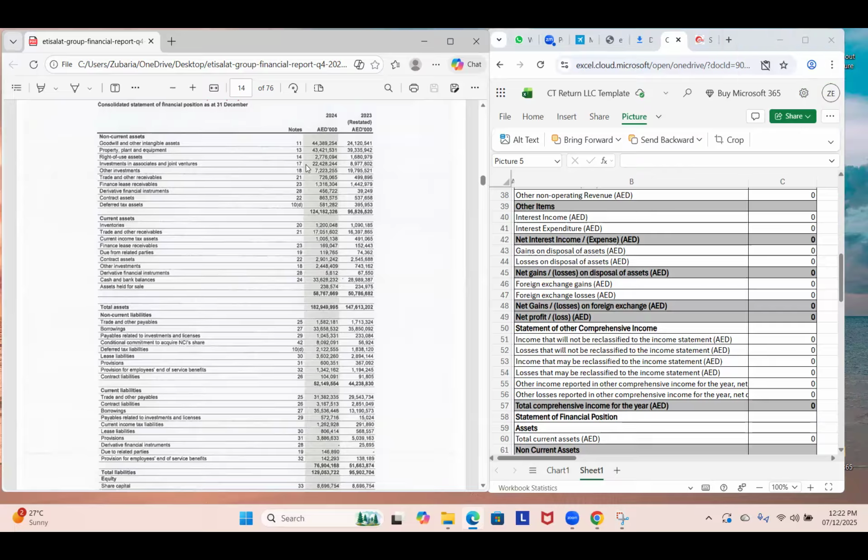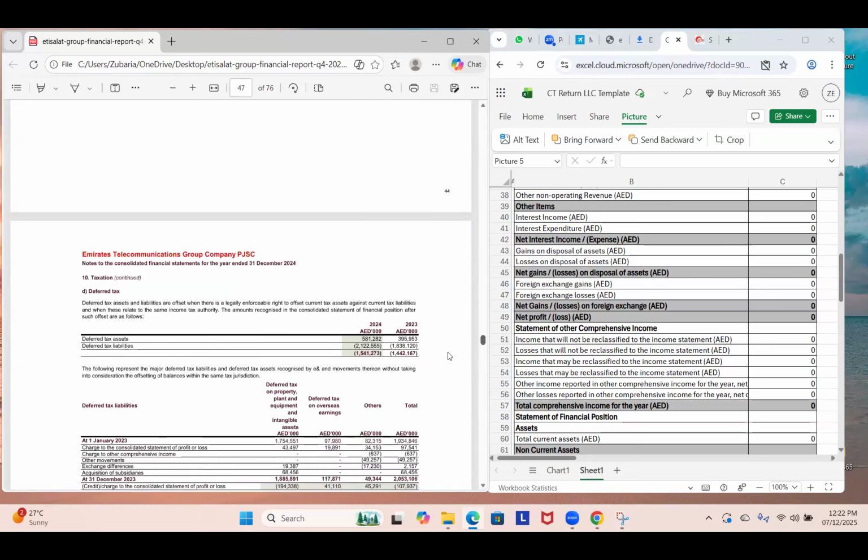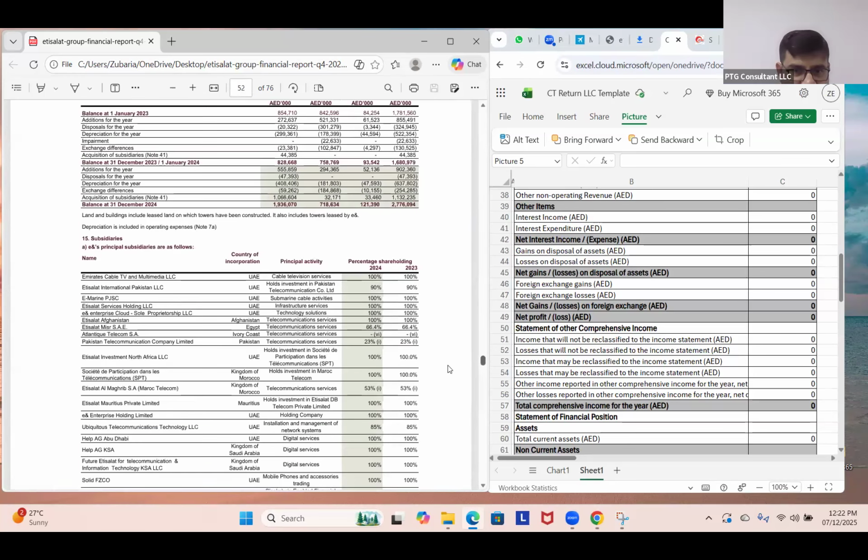This is note number 17, investment in associates and joint ventures. Now see, last year it is 8.9 million, this year 22.4 million. There is an increase in investment. So for this increase from 8.9 million to 22 million, we have to go and see the note. More likely it is the same note we just saw, number 17.